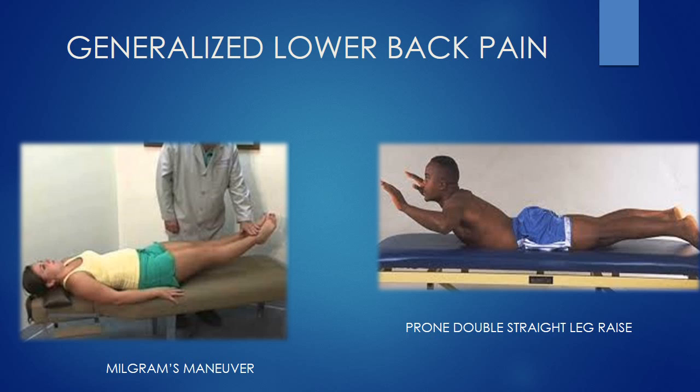Now, the true objective finding on this examination maneuver is the inability of the examinee to support the weight of the leg under their own power. Simply a report of pain on this maneuver is not a true objective finding. So in other words, even though they report pain, we observe that they are able to perform the maneuver.